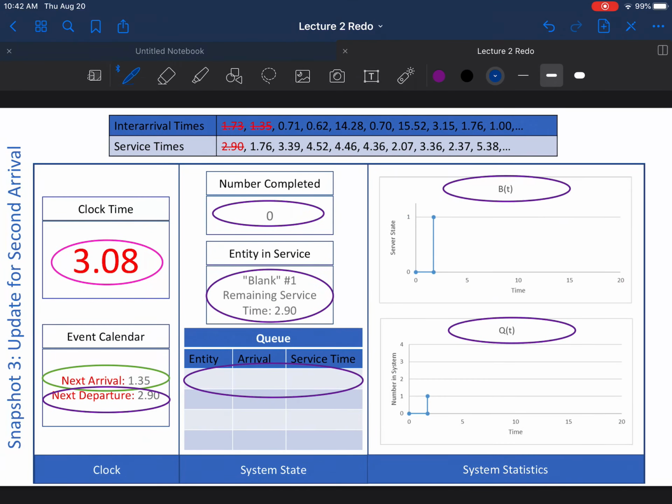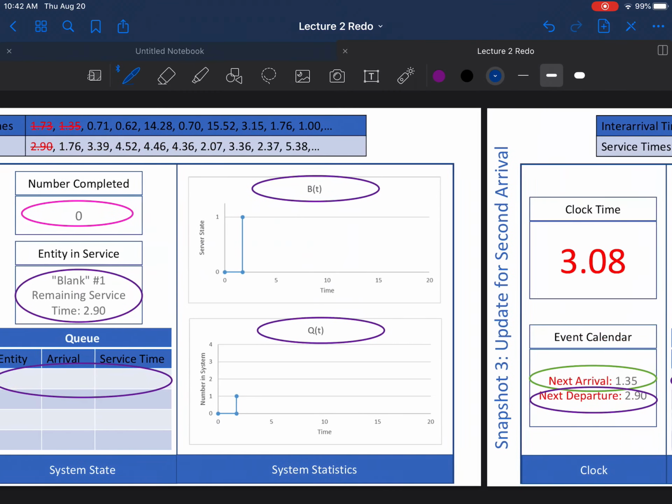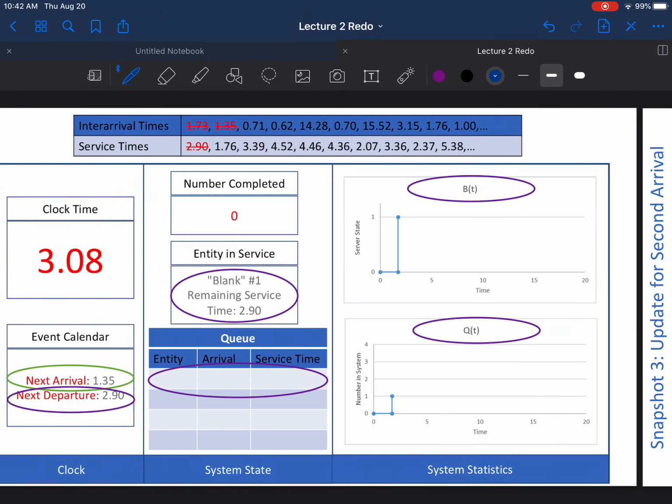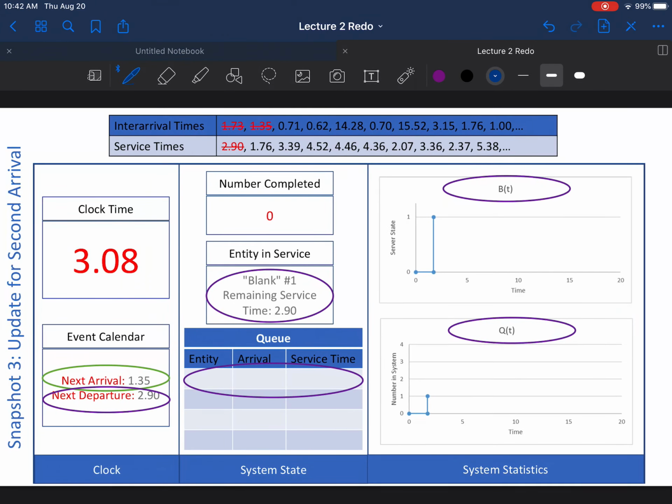Now, if I think about the number completed, well, what happened? We had an arrival, and that arrival means that we still have 0 completed. Okay, the entity in service is still blank number 1.